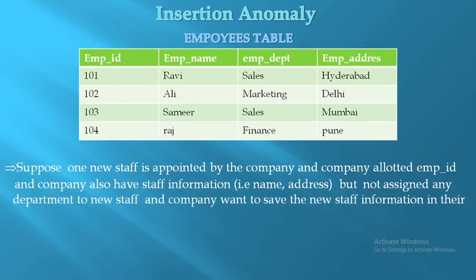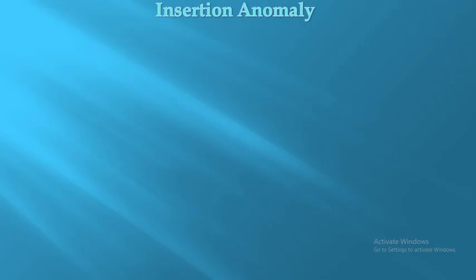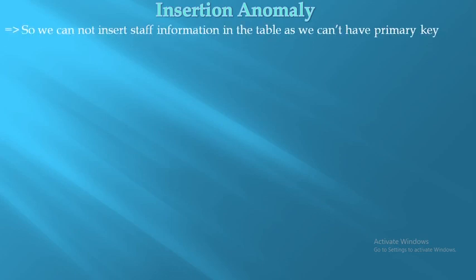And the company wants to save the new staff information in the database. So we cannot insert staff information in the table, as we can't have a primary key column with a null value in the table. So what is insertion anomaly?